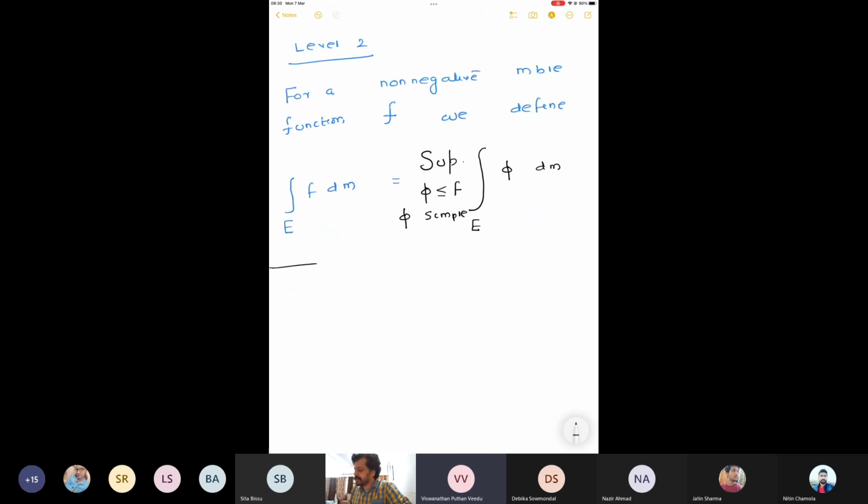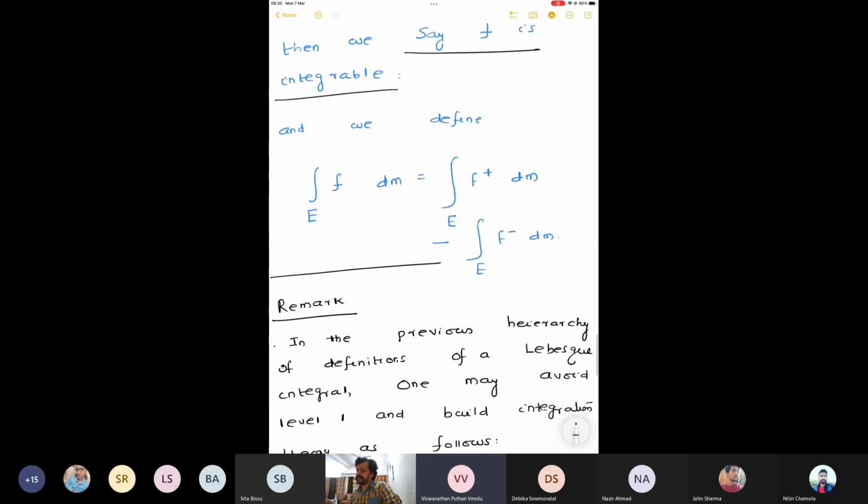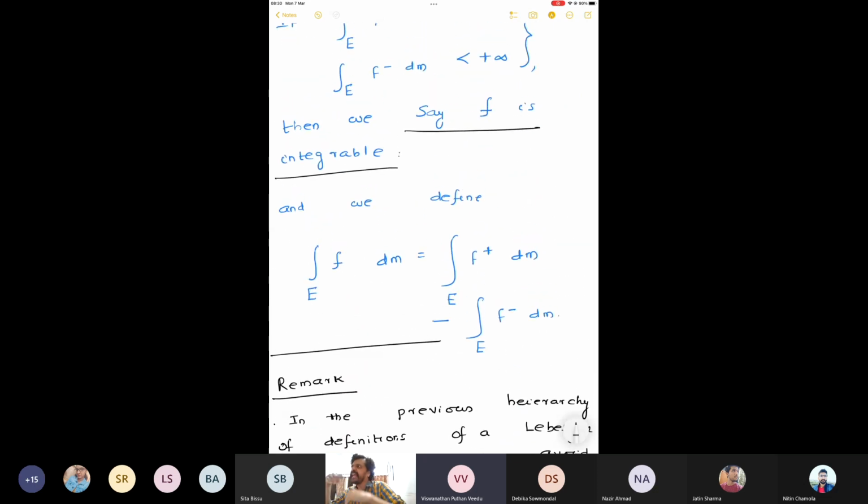So let us forget this remark and go back to level 3. That means now you are integrating any measurable function, need not be non-negative. You decompose it into two, f plus and f minus.